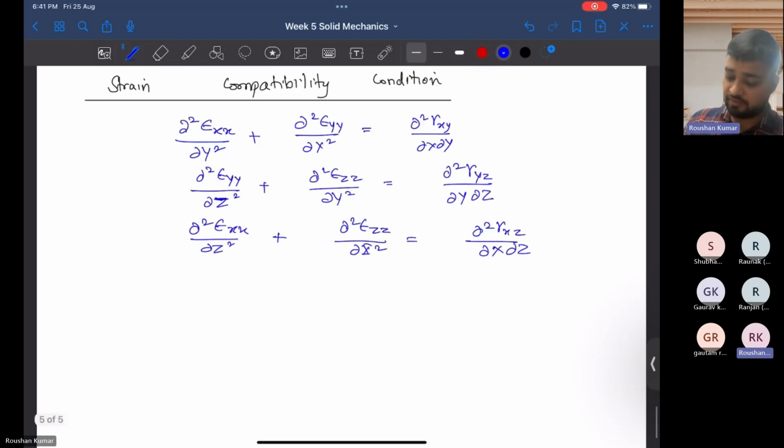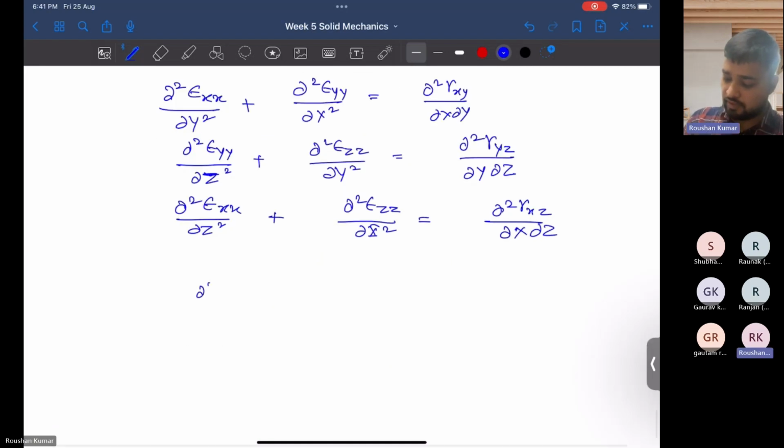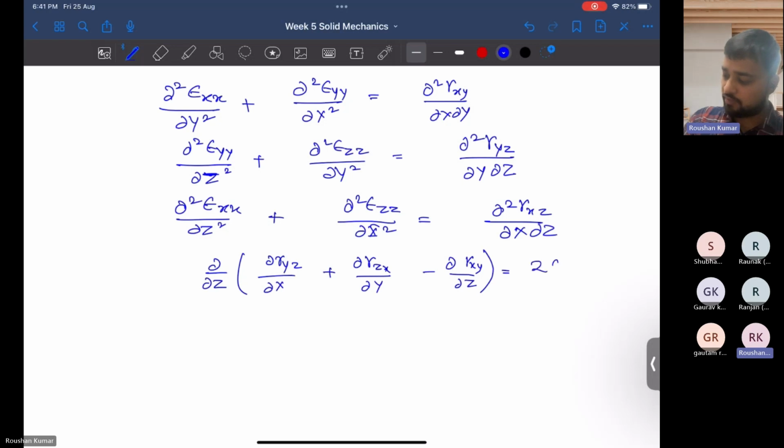And the other three equations are given by: del by del z of (del gamma yz upon del x plus del gamma zx upon del y minus del gamma xy upon del z) is equal to 2 times del 2 epsilon zz upon del x del y.